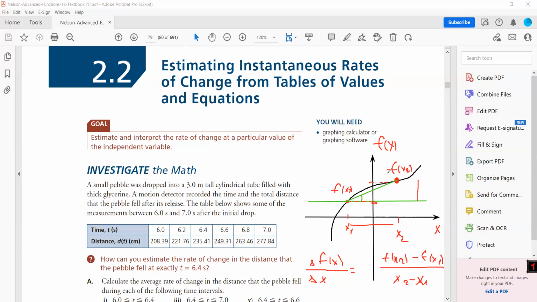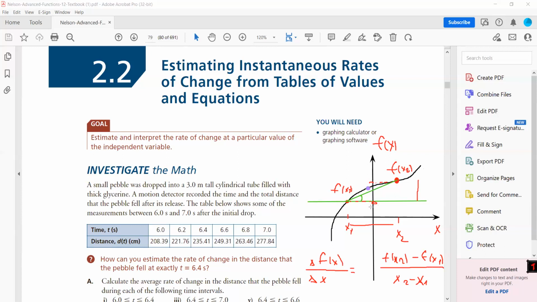But when we're talking about instantaneous rate of change, we would like to know the slope of a tangent line to this curve at a specific point. Let's pick this point, let's say in the middle right here. I'll use some other color so I can emphasize it, purple.